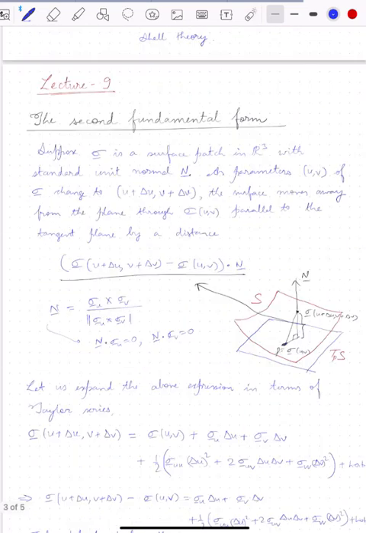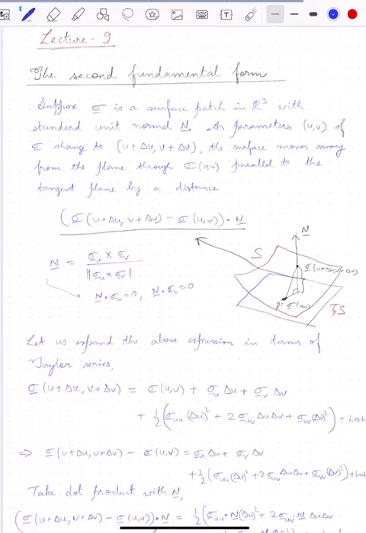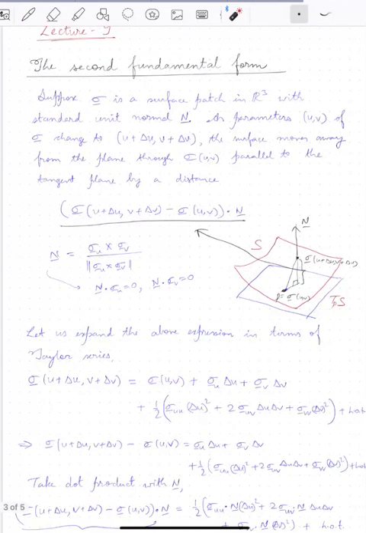So when we look at the diagram here, we see that there is a deviation which is given by sigma of u plus delta u, v plus delta v, minus sigma of u v, dot n.